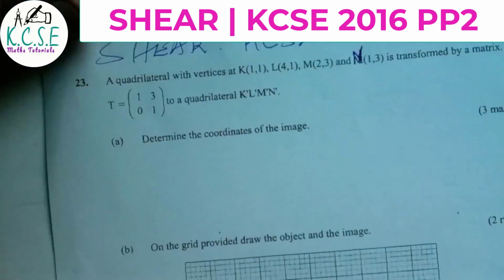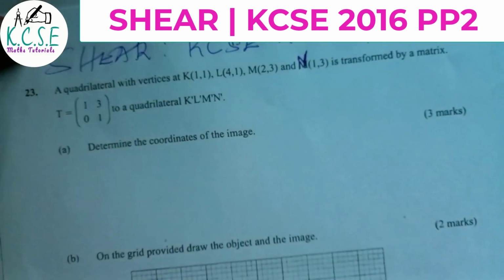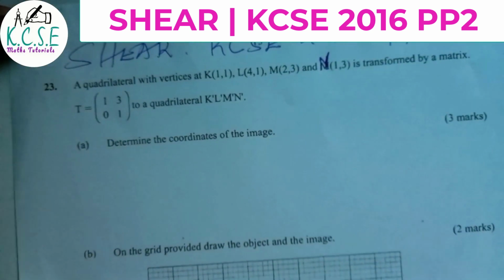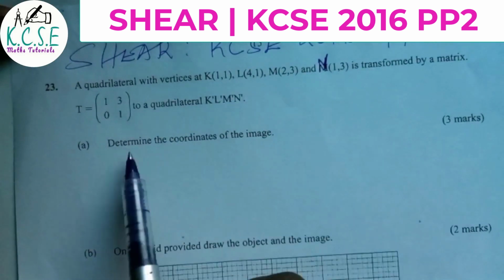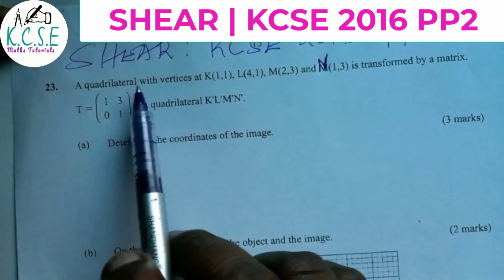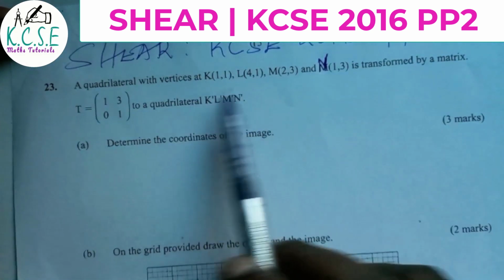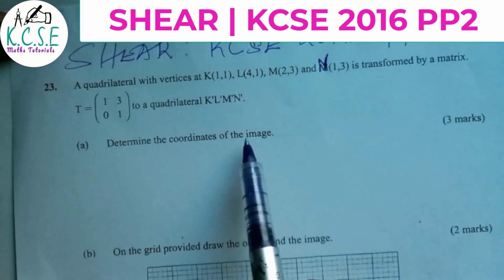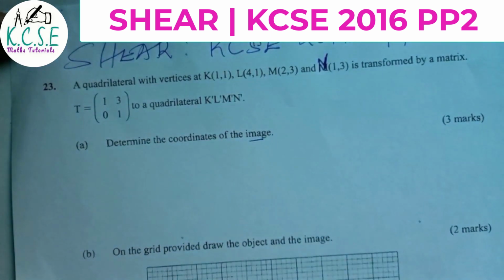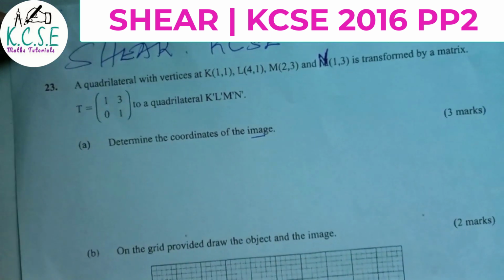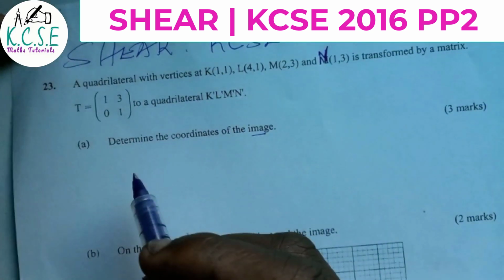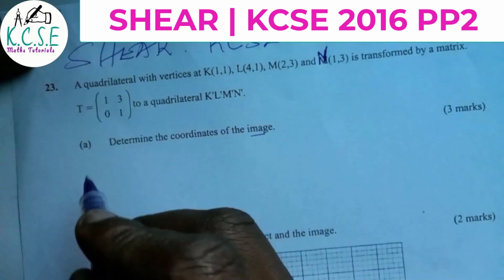I'd like us to go to the first part of the question. You're supposed to determine the coordinates of the image. You're given the coordinates of the object and the matrix of transformation. To get the image, we pre-multiply the object with the matrix of transformation.